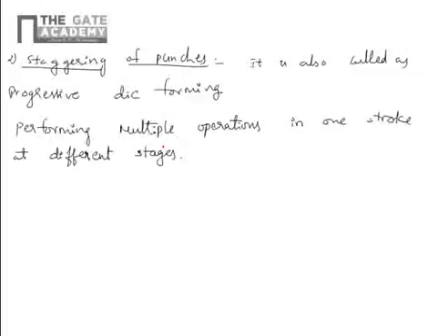Just now we discussed a simple punching operation, as we drew in one diagram earlier, where only one operation was shown. Instead of that, when there are two punches, it is called a multiple punching operation, which happens only in progressive die forming.